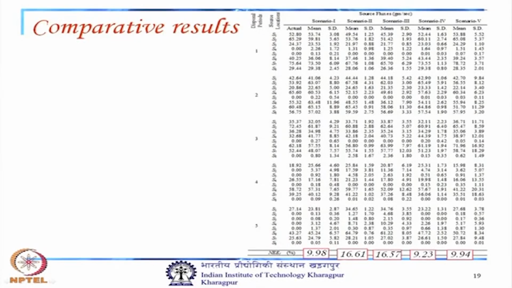So, in this case we can see that for different scenarios the error percentage is 9.98%, this is 16.68, 9.23, 9.94%.